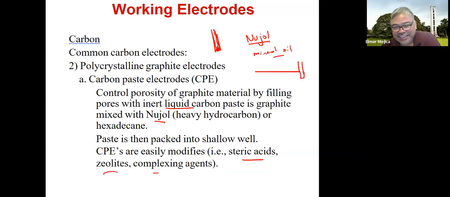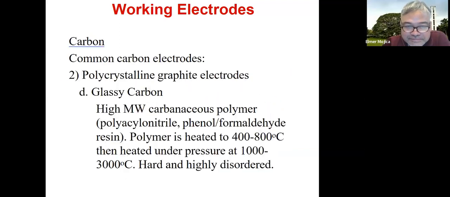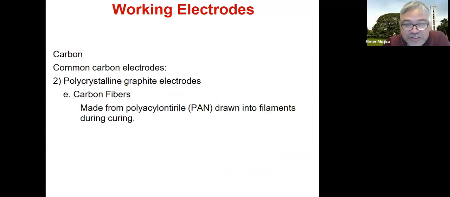We stick to this one, the carbon-based electrode. You can also have carbon fibers made from acrylonitrile, PAN, drawn into filaments during curing. So there are a lot of carbon working electrodes that you can use, but the one that we stick to is the CPE.